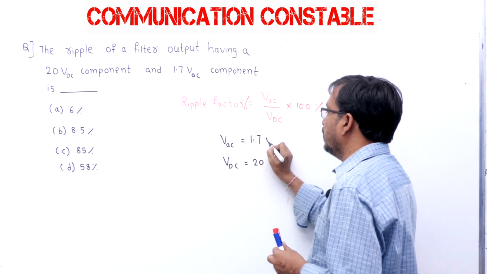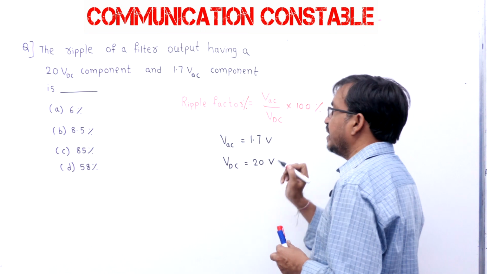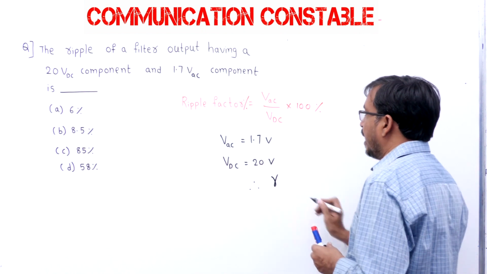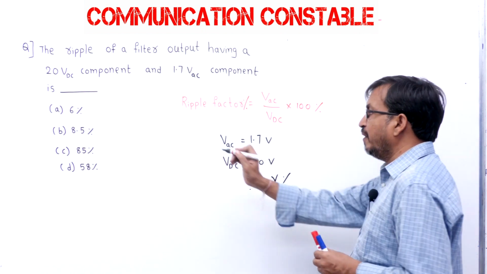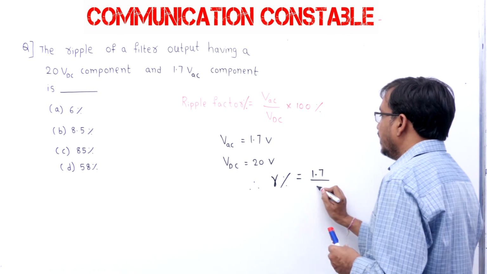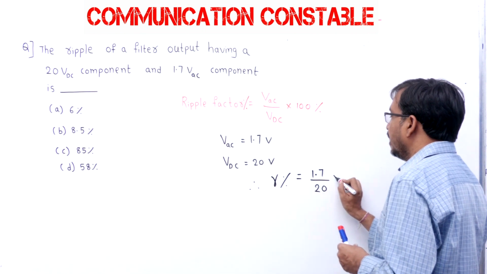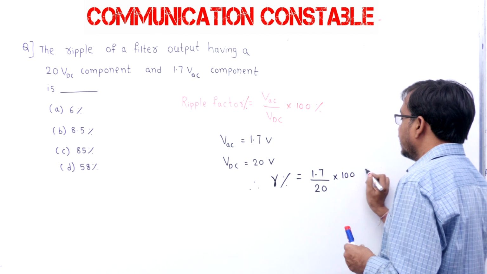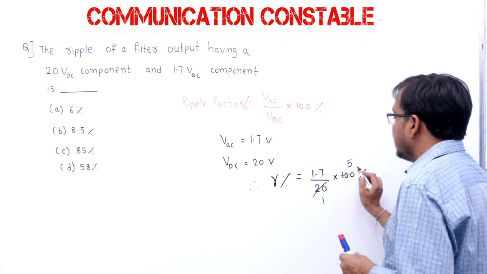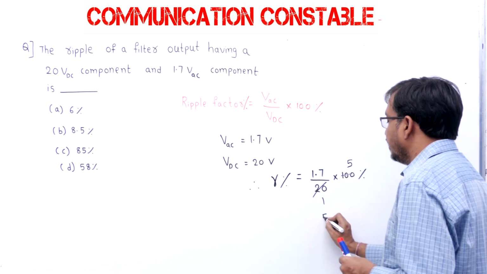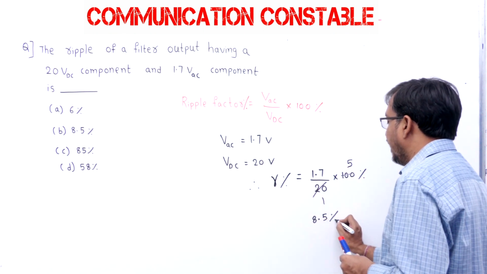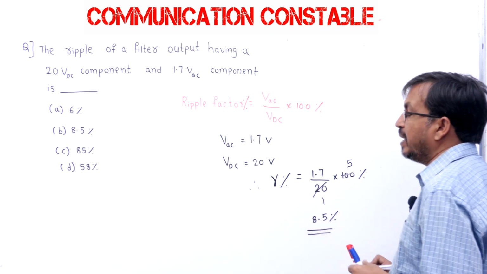Therefore, ripple factor, represented as gamma, in percentage since options are given in percentage, equals AC component 1.7 divided by DC component 20, into 100 percent. So 1.7 into 5, that gives 8.5. Therefore, the ripple factor value here is 8.5 percent.